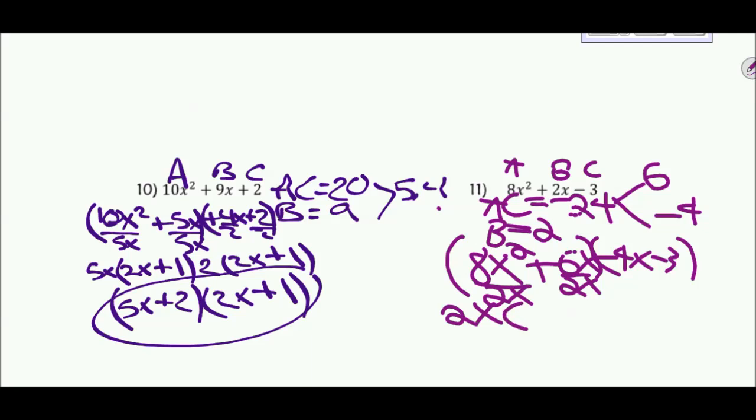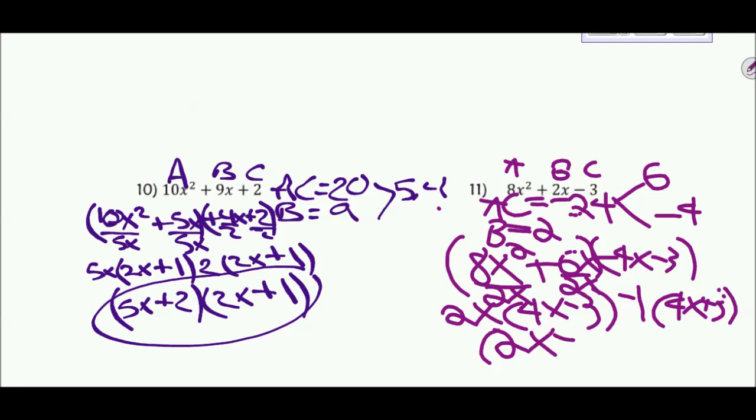That gives you 4x plus 3. And then you take the 2 terms up front and combine them.